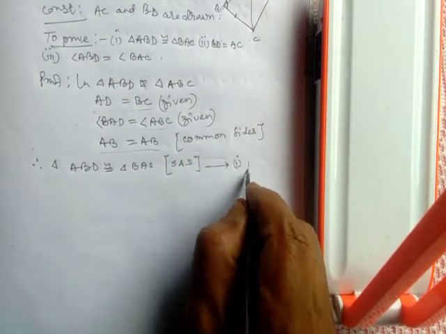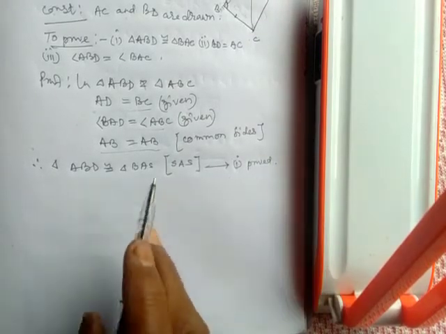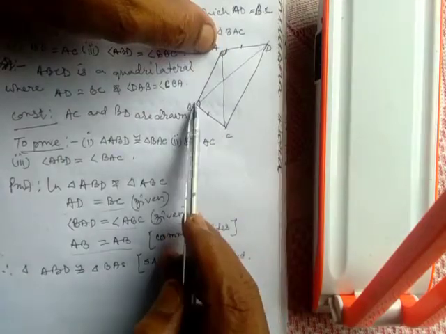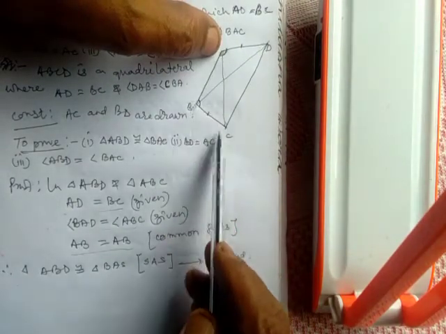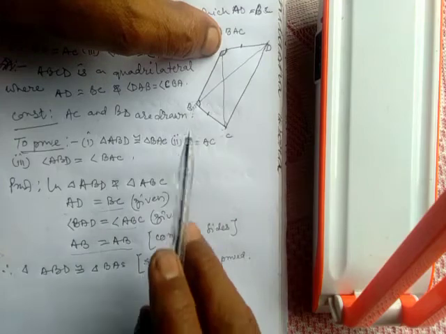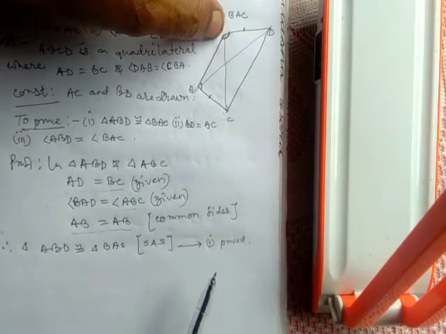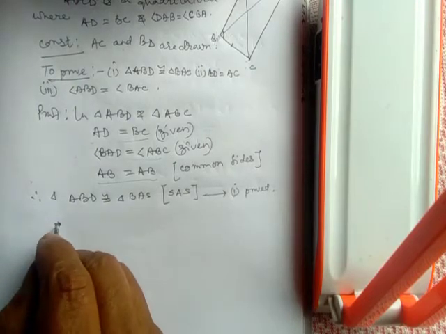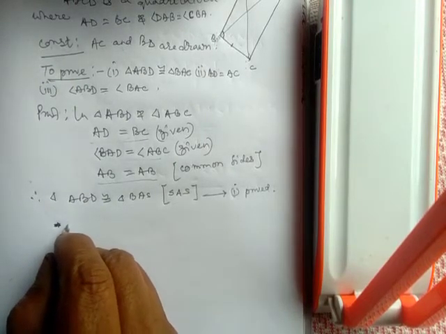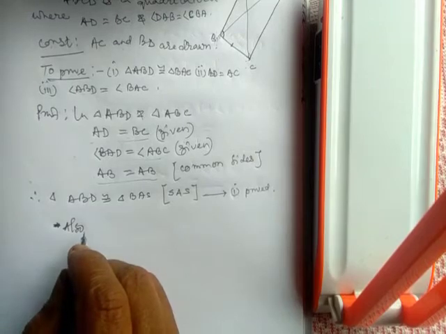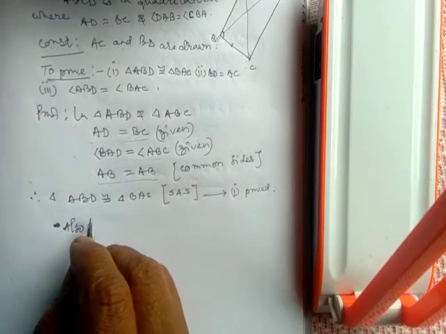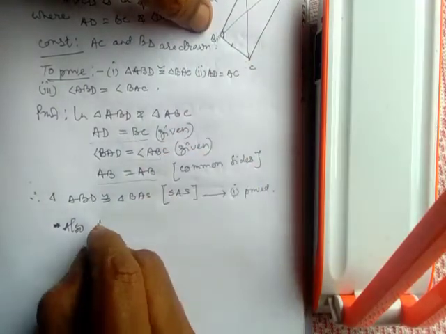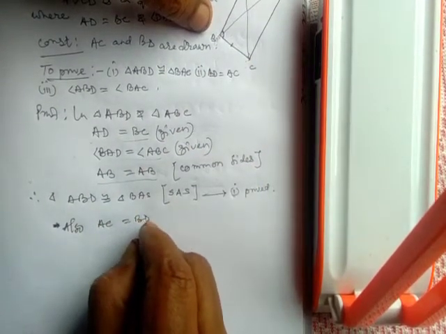This one is proved. Now these two triangles ABD and BAC are congruent, so their corresponding sides are always equal. Hence side AC is equal to BD.